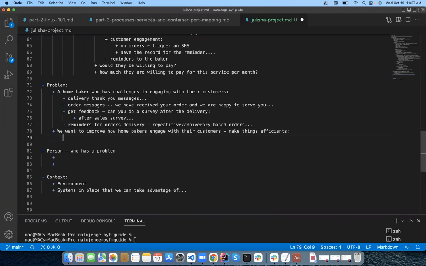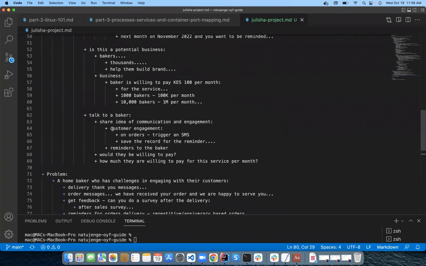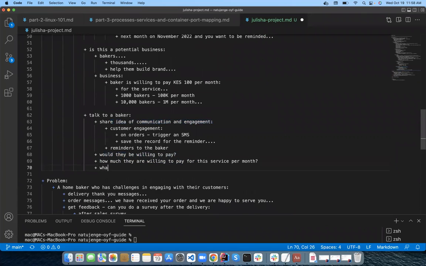So we want to start with basically a notifications driven use case. So then other products can come in later. Because one of the things that I want you guys to do is you'll go share the idea of this. Would they be willing to pay? How much are they willing to pay for the service per month? And what are their biggest problems? What are their biggest challenges?